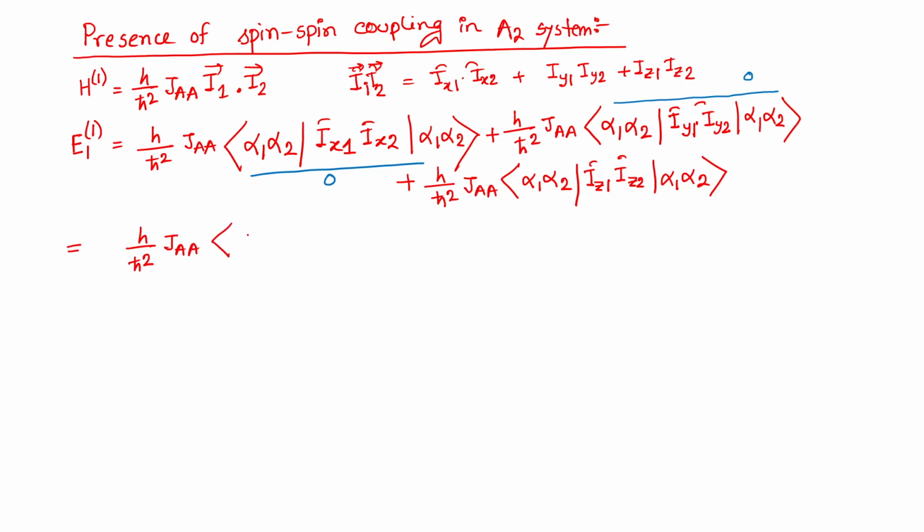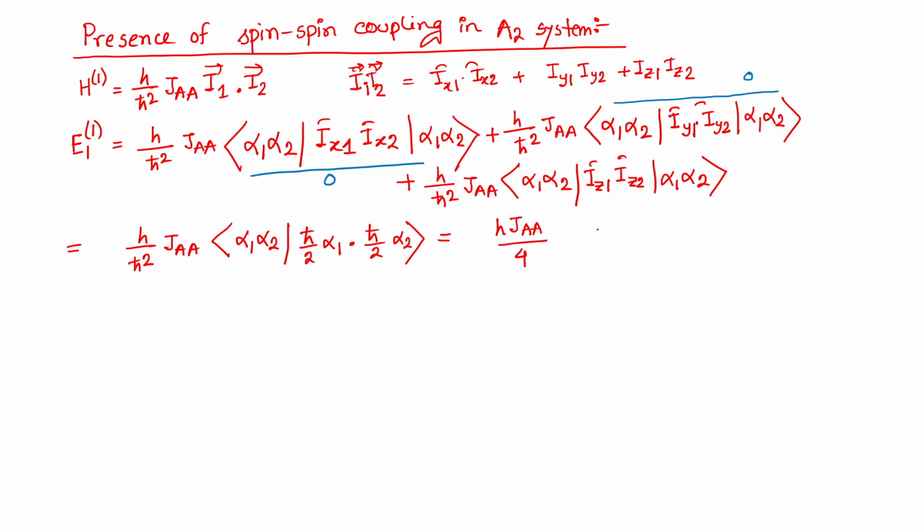So that is alpha 1, alpha 2. I_Z1 working on alpha 1 will give you h cut by 2 alpha 1, h cut by 2 alpha 2, and this is going to be h cut by 4.